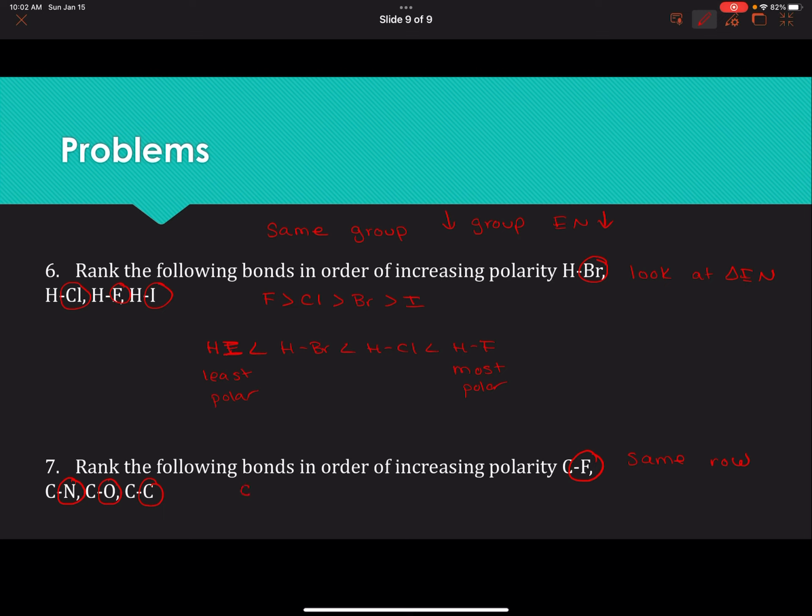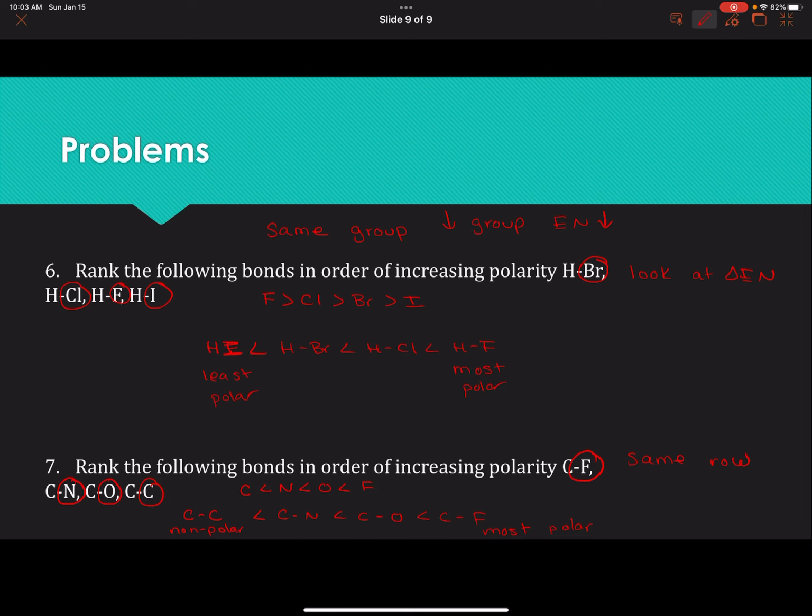So that means my carbon is going to be the least electronegative, then my nitrogen, my oxygen, and my fluorine. So again, my bonds are going to follow that same trend. The carbon-carbon bond, which is nonpolar anyways, because it's a bond between two of the same atoms, is going to be my least polar. Followed by my carbon-nitrogen, my carbon-oxygen, and then my carbon-fluorine bond is going to be my most polar.